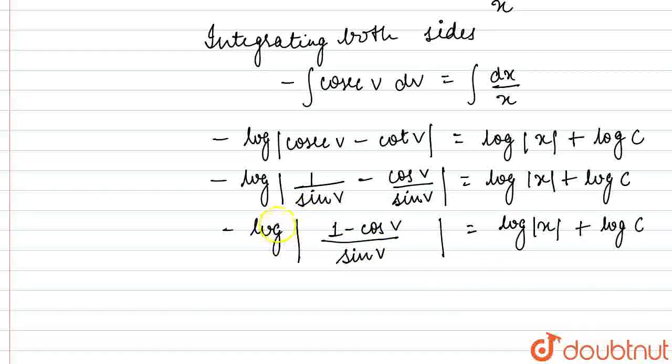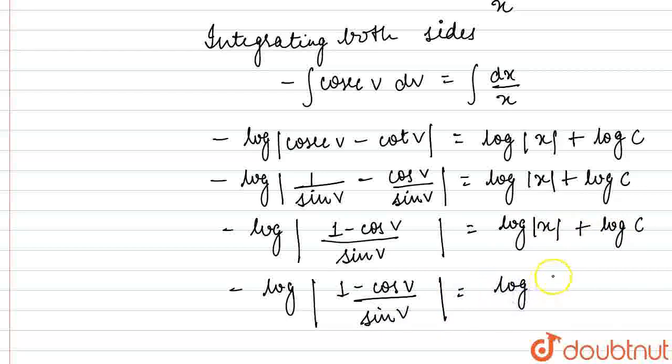Now I can write this as minus log mod of 1 minus cos v divided by sine v is equal to, now using log a plus log b, which is equal to log a into b, this will become log mod of xc.